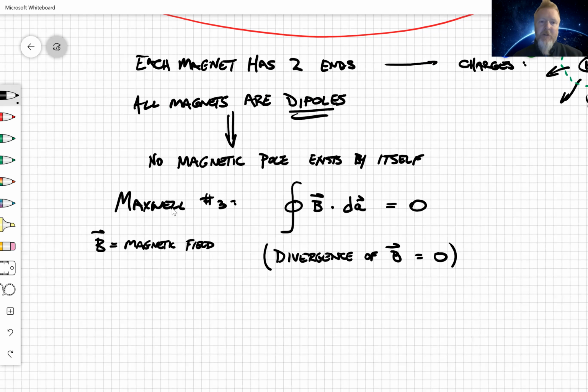Units of the magnetic field typically for us will be Tesla, which is just a capital T. And you can find that from other things. We'll do that in a little while.